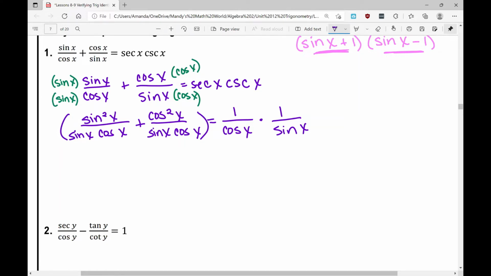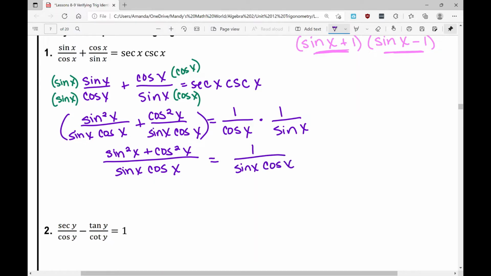Because I have a common denominator, now I can combine my numerators. So my numerator becomes sine squared x plus cosine squared x over, keep the denominator, sine x cosine x equals, and let's go ahead and multiply these two fractions over here. 1 over cosine times 1 over sine is 1 over sine x cosine x.